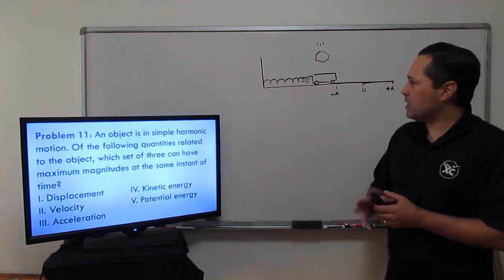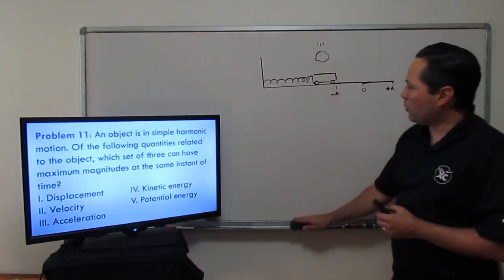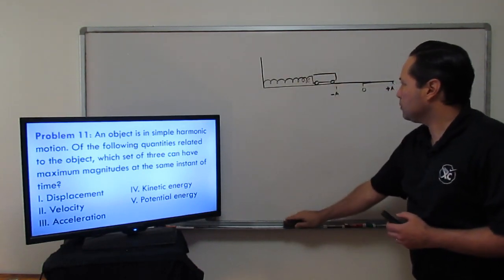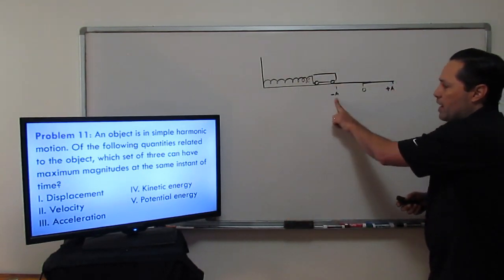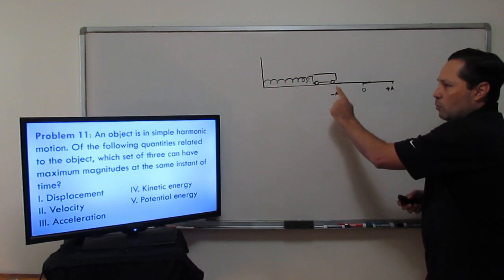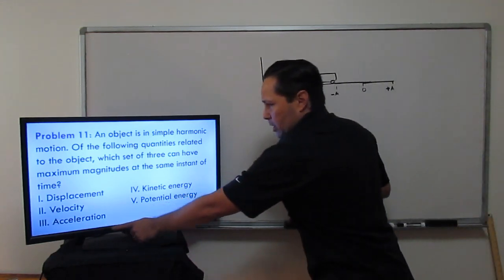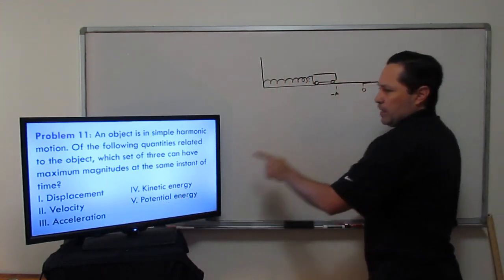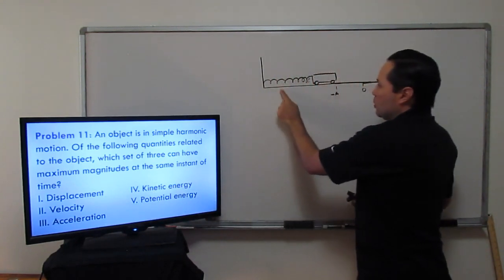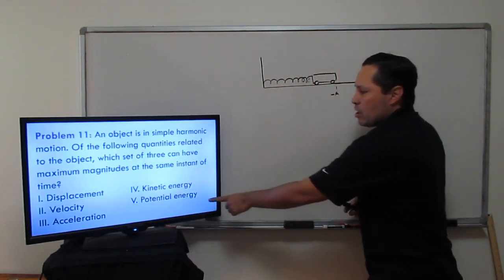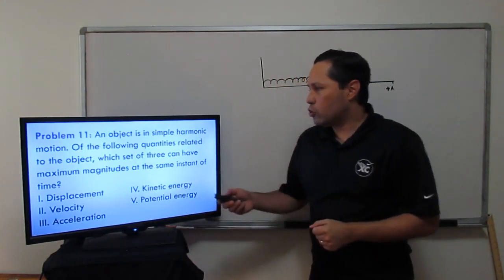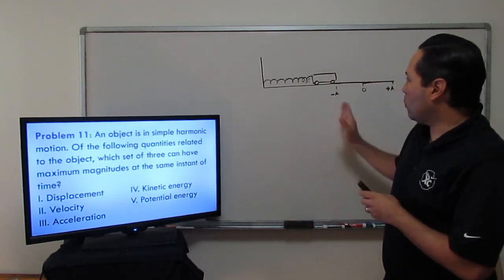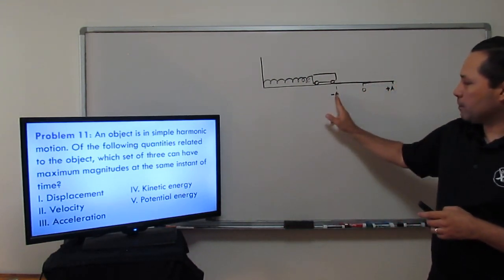The answer would be, let's say for a cart oscillating back and forth, let's forget about the clay for a bit. When it reaches the highest amplitude, it will have the highest acceleration, the furthest displacement, and the spring will be compressed, so it's going to have the highest potential energy. So those 3 could occur when it is here.